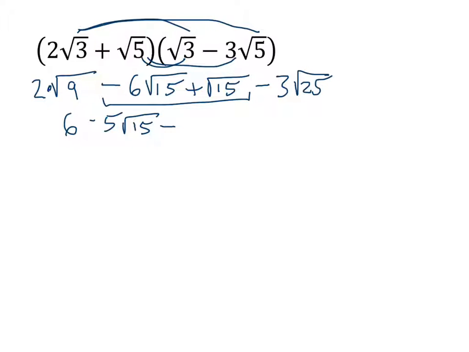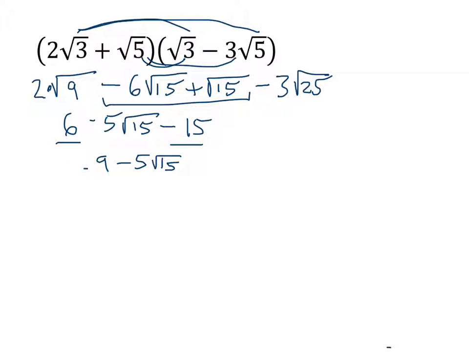And then over here we've got a 3 times a square root of 25, which is really 3 times 5. So that's 15. And we can combine these outside guys, 6 minus 15, because they're just integers. Negative 9 minus 5 square root of 15.